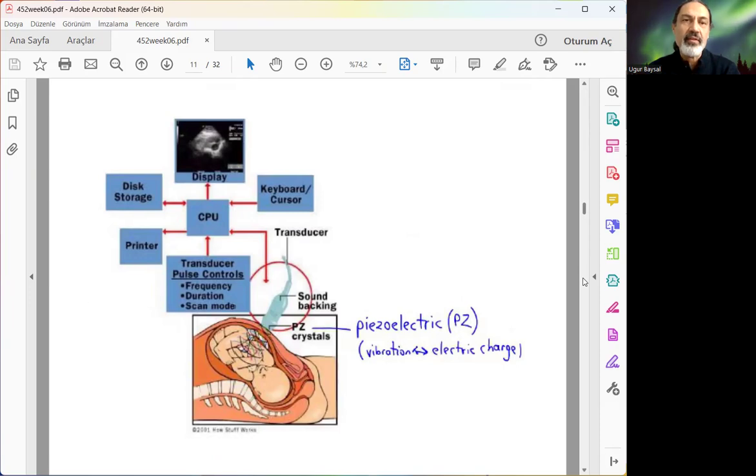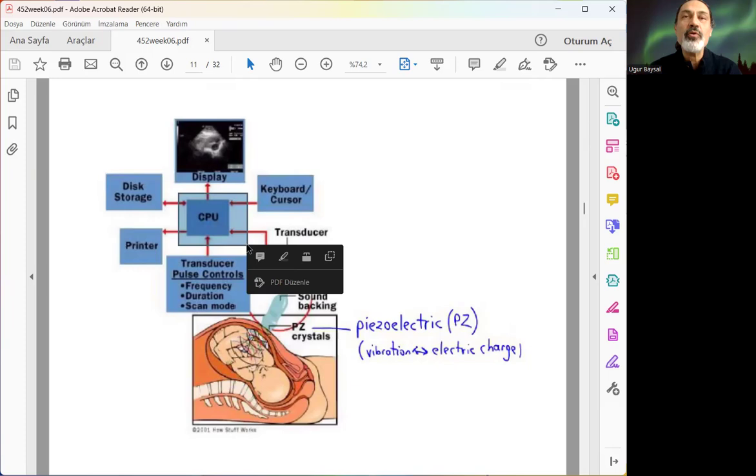Here's a little block diagram of an ultrasonic system. In the block diagram, you see at the center of the system a central processing unit, or CPU, which is a kind of computer. In today's systems, very specialized CPUs and computer peripherals are in charge of controlling everything, because the data size and real-time operations require a complex architecture.